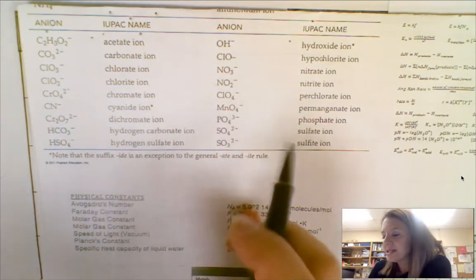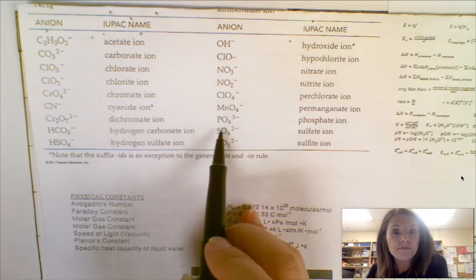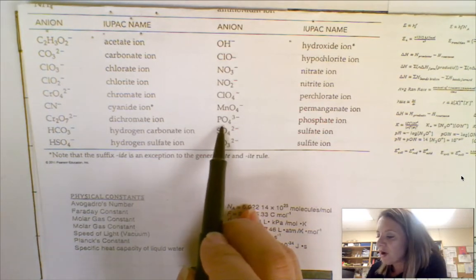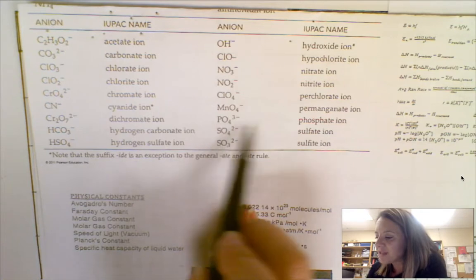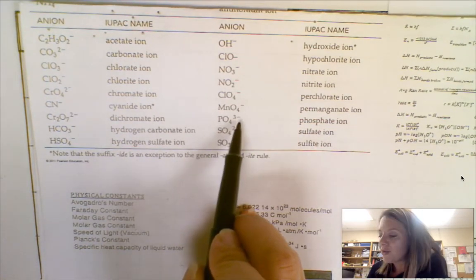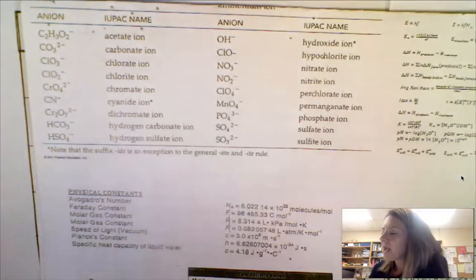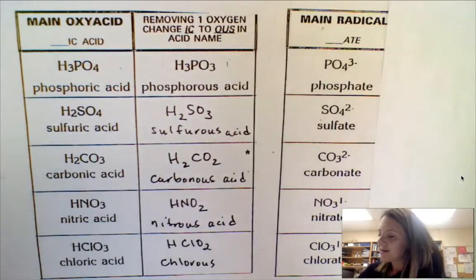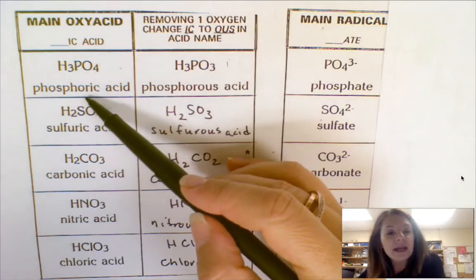But now we're going to start to make a correlation here with our oxyacids. So here is phosphate. Notice the formula for phosphate is PO4 with a charge of -3. That ate ion comes from your ic acid.